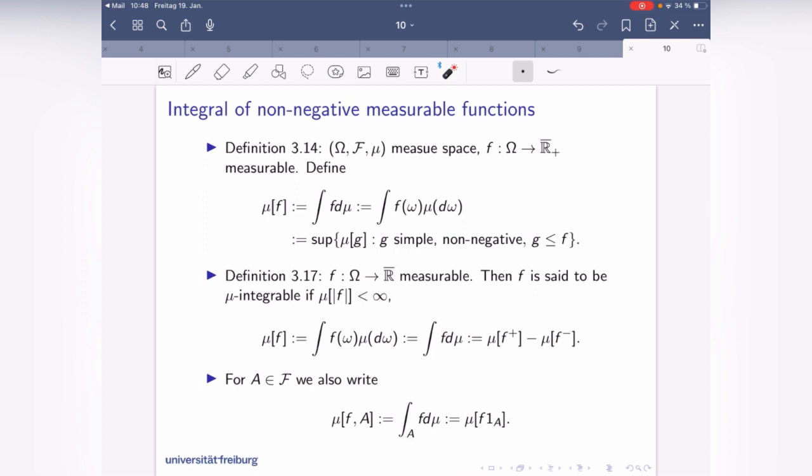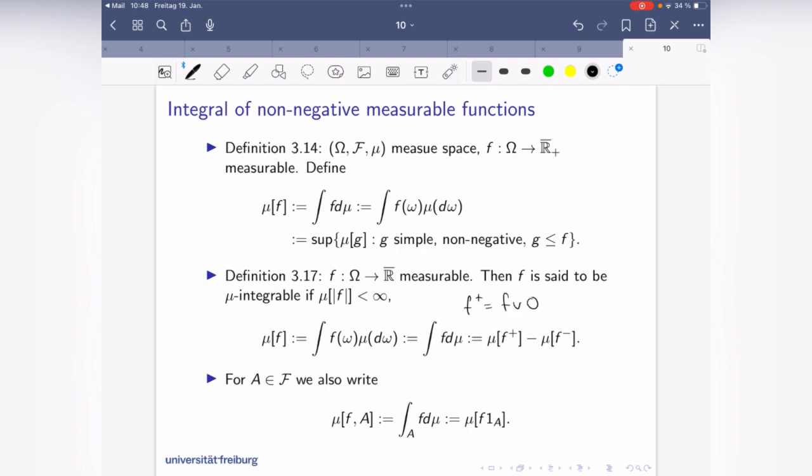We say f is mu integrable if mu of the absolute value of f, which is a function which goes to R plus, is finite. And how do we define this? Well, we integrate f plus. So did I ever define what f plus is? So f plus equals f maximum 0.